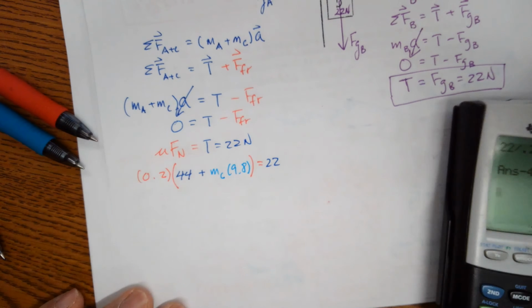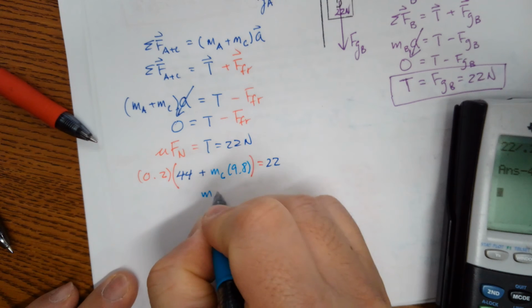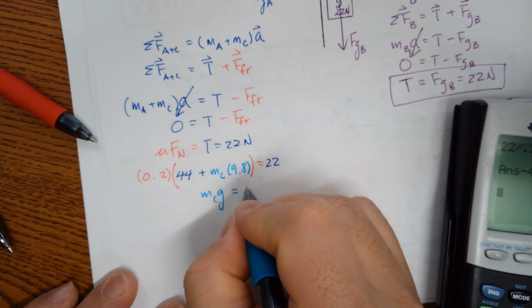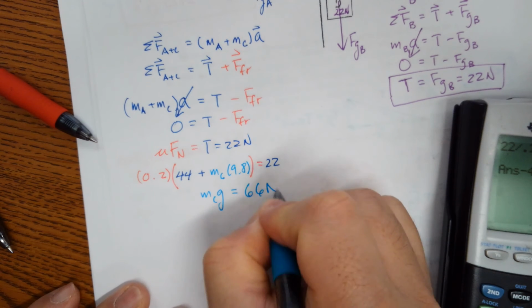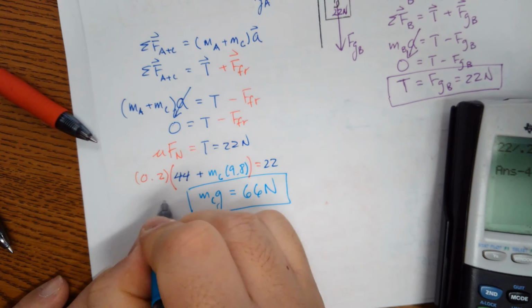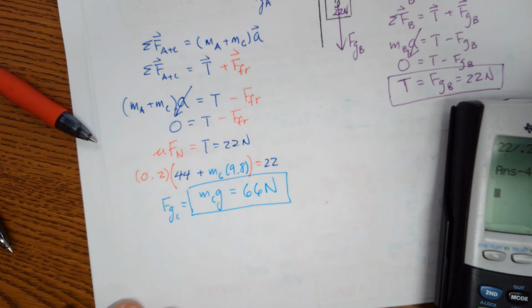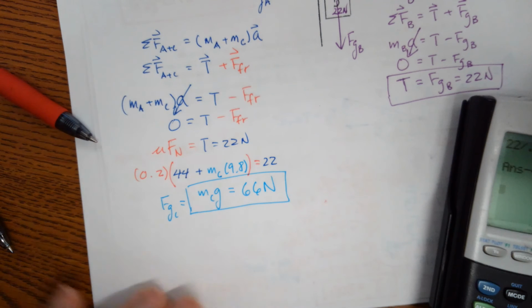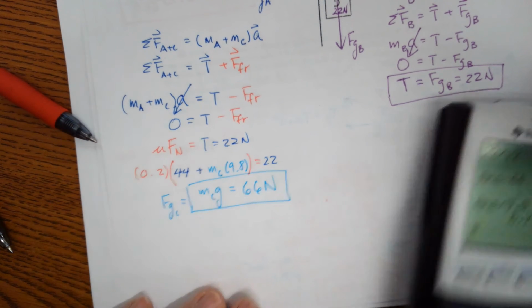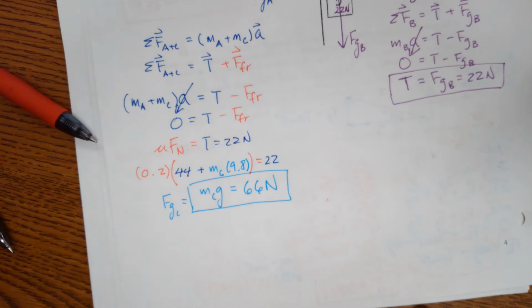I get 66. So MC g is equal to 66 newtons. That is FGC. If you want to figure out the mass, might as well do that now. It is 6.7, just in case you want to.